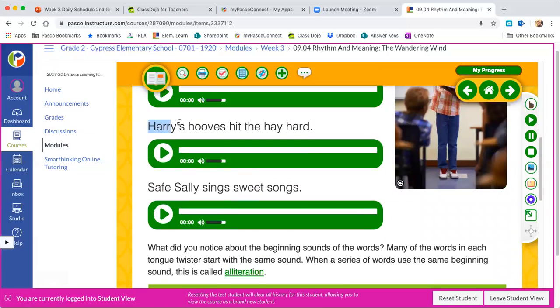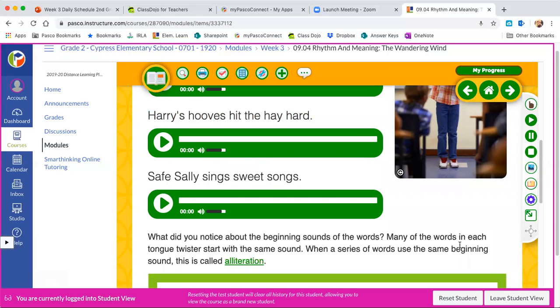What about this one? Harry's hooves hit the hay hard. What sounds do you hear over and over again? Did you say h? Yep, that's it. That's called alliteration. Say alliteration.